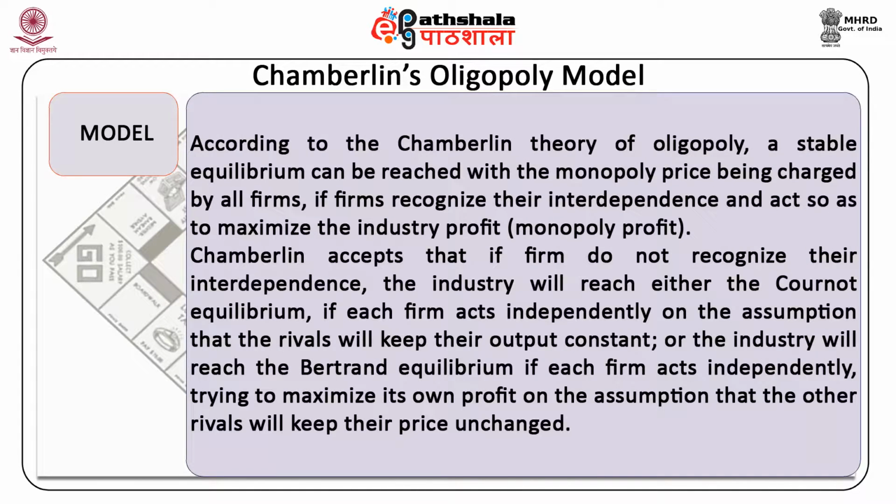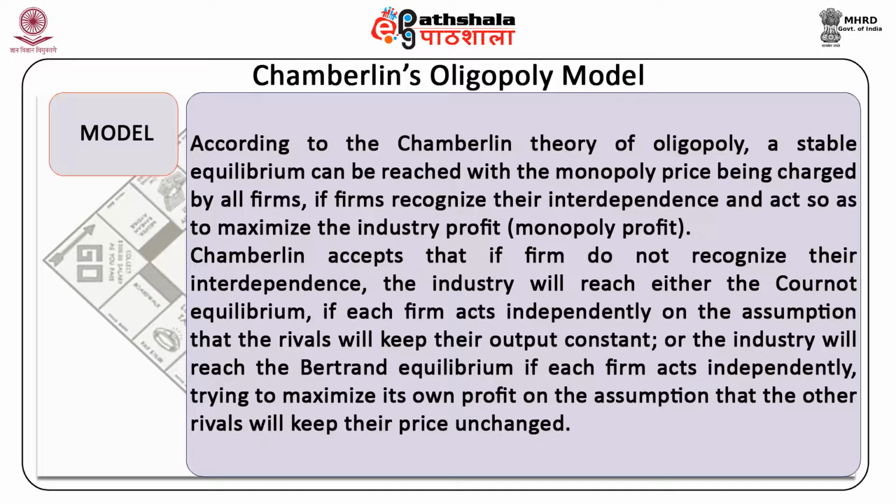According to the Chamberlain theory of oligopoly, a stable equilibrium can be reached with the monopoly price being charged by all firms if firms recognize their interdependence and act so as to maximize the industry profit, that is, monopoly profit.